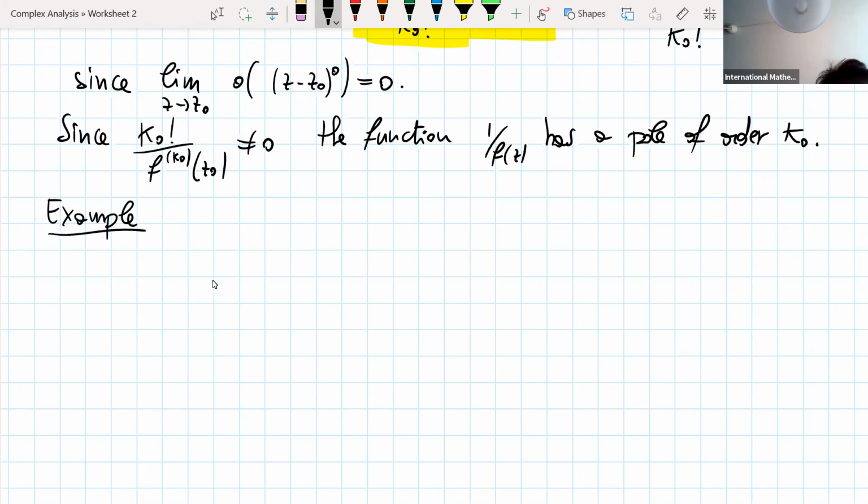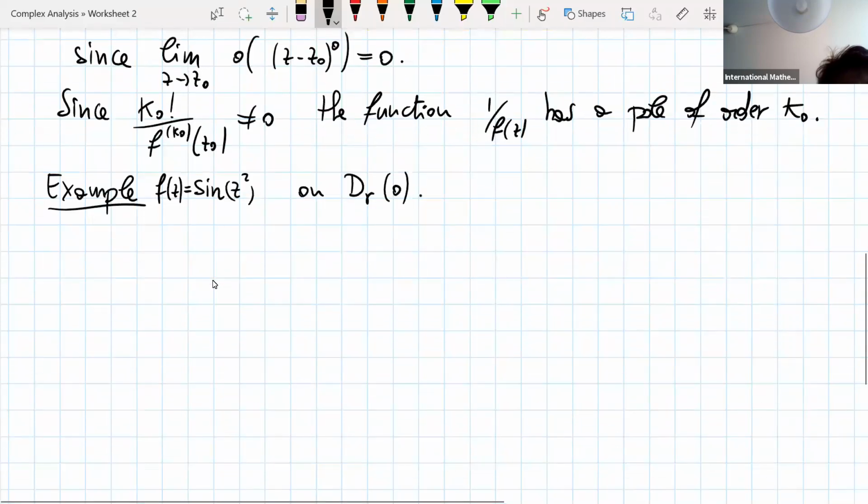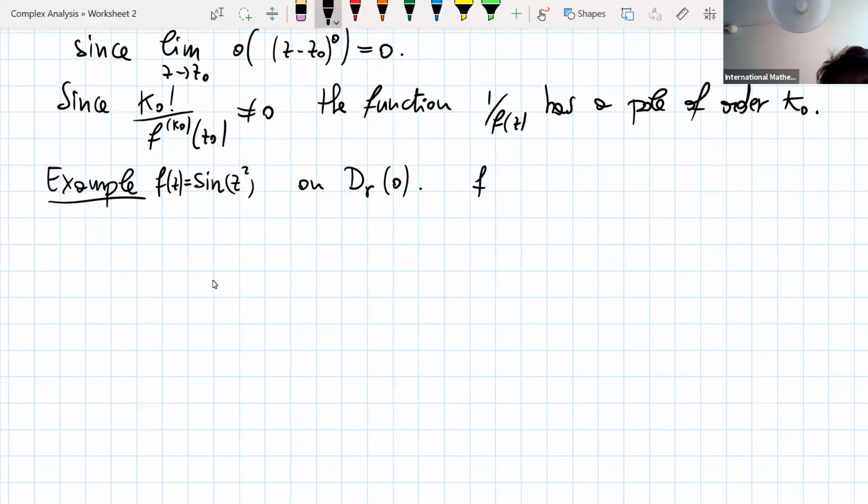For instance, let's take f of z equal to sine of z squared, defined on a small disk around 0. Then you see f of 0 is equal to 0. And we want to now compute the k0 in this case.